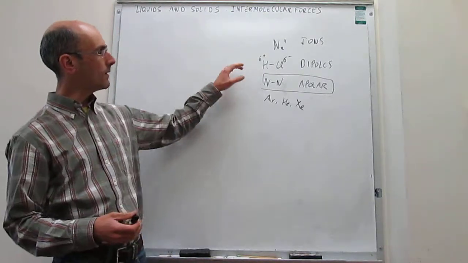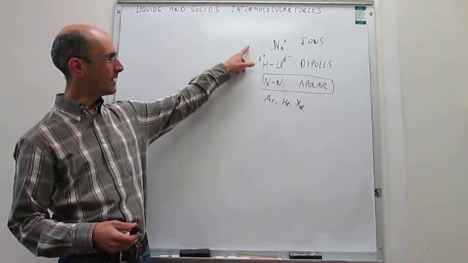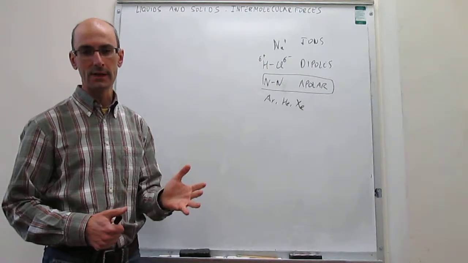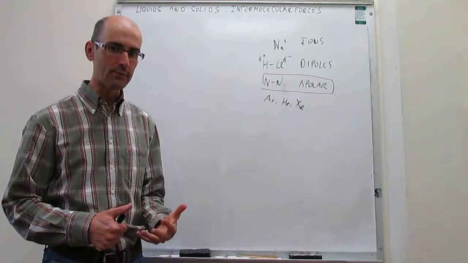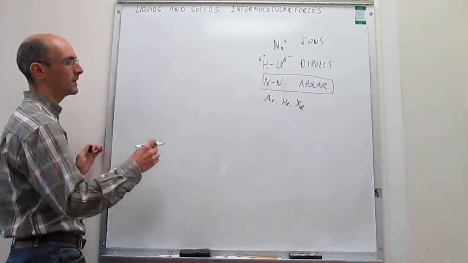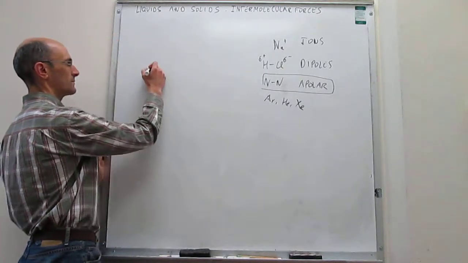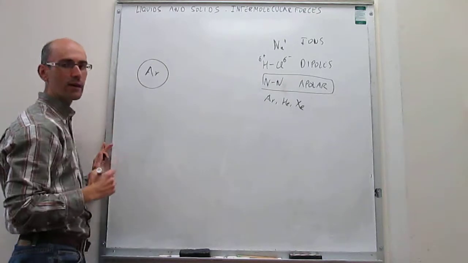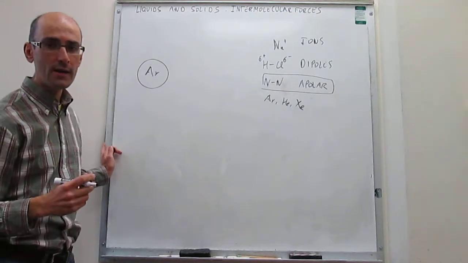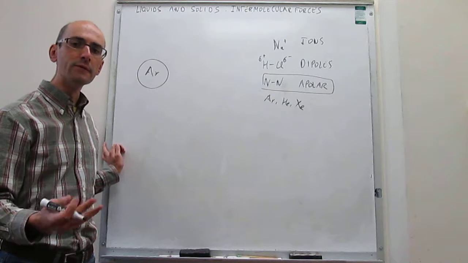Even though these species are neither ions nor have a permanent dipole moment, they can generate a temporary dipole moment. For example, let's take two argon atoms. When we look at argon, there's an electronic cloud surrounding that atom, and that electronic cloud can be fluctuating.